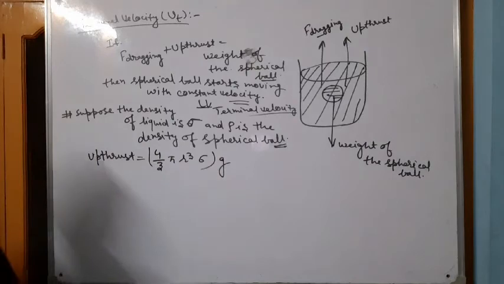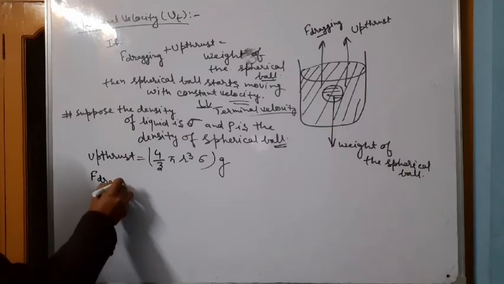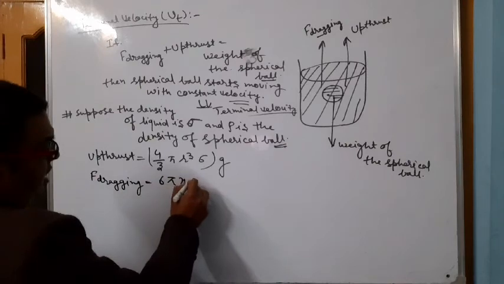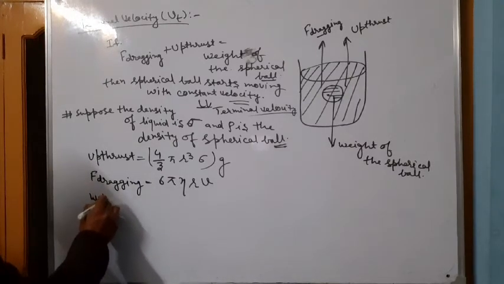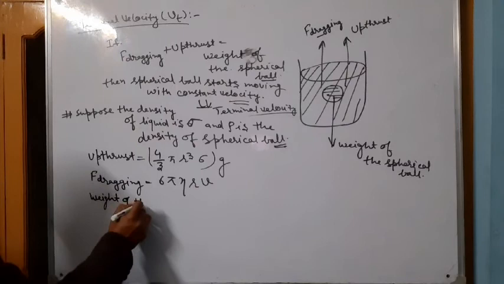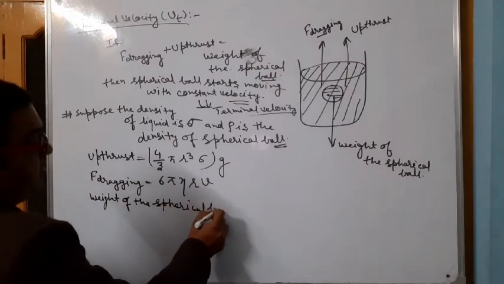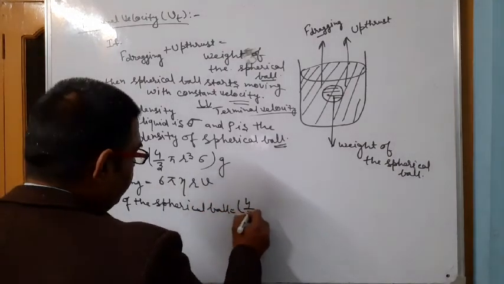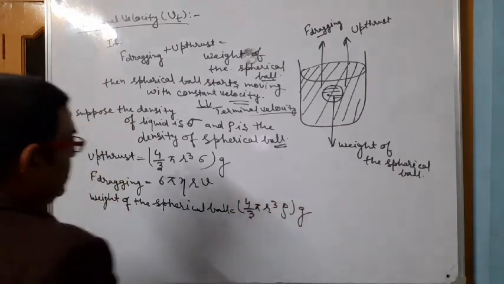This is equal to upthrust. Now F dragging is equal to 6 pi eta r v. And the weight of the spherical ball is 4 by 3 pi r cube rho into g.